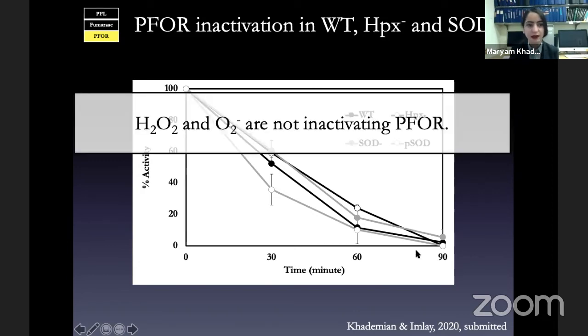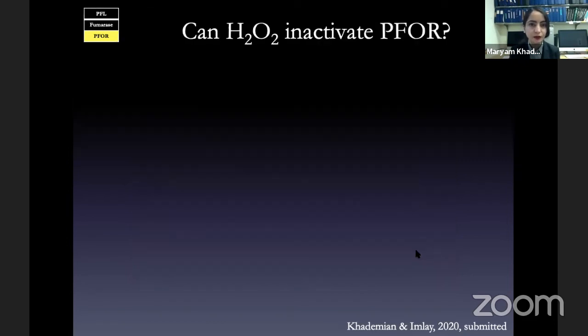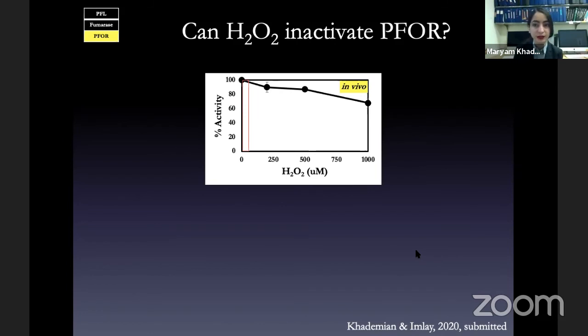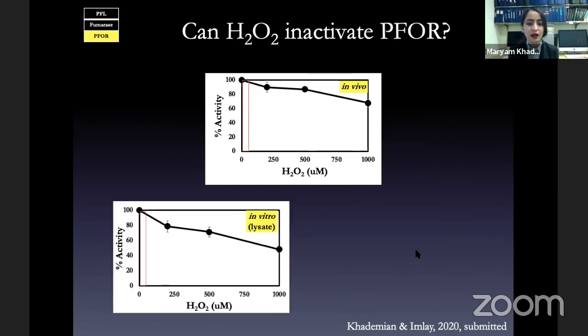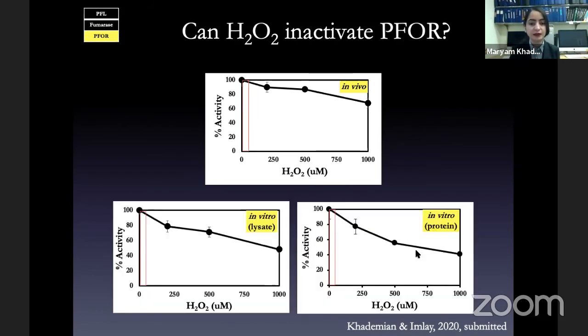That suggested that hydrogen peroxide and superoxide are not the species that are inactivating PFOR. To look into this a little bit more, I incubated whole cells of B-theta, I incubated lysate of B-theta, and I incubated purified PFOR protein with different concentrations of hydrogen peroxide, up to 1 millimolar.